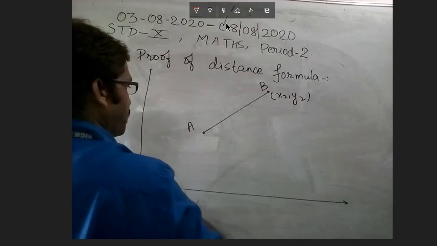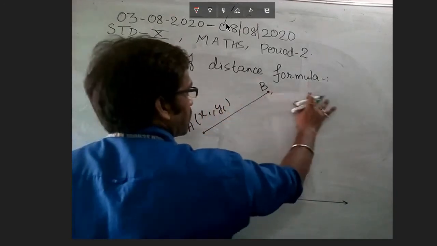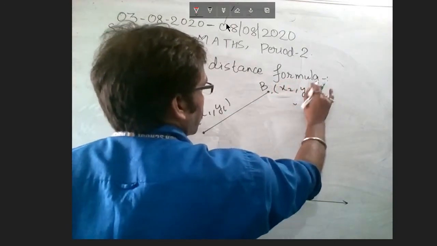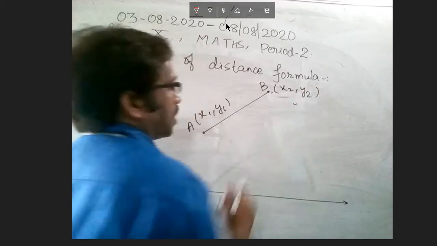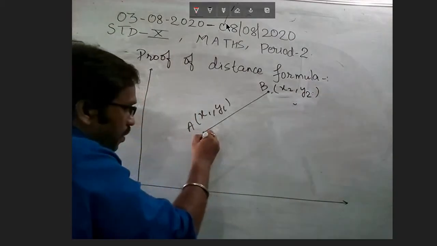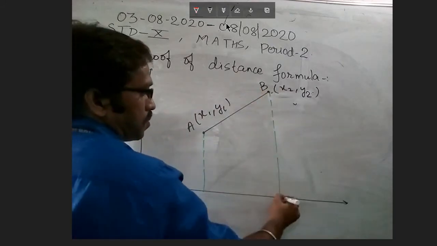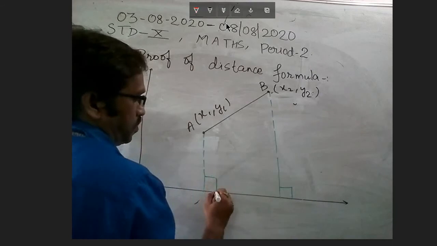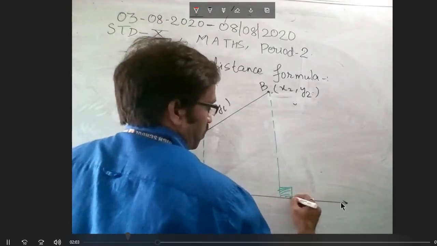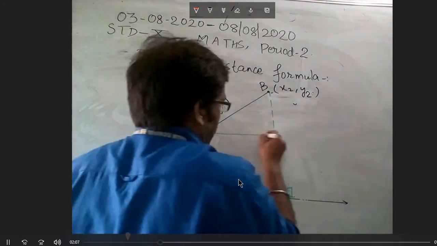So my first work will be that I will draw perpendiculars on x-axis only from points A and B. So let us draw. We will draw one perpendicular here from A on x-axis, from B also on x-axis. So this is my x-axis here. Okay, now what? It's looking like a trapezium.